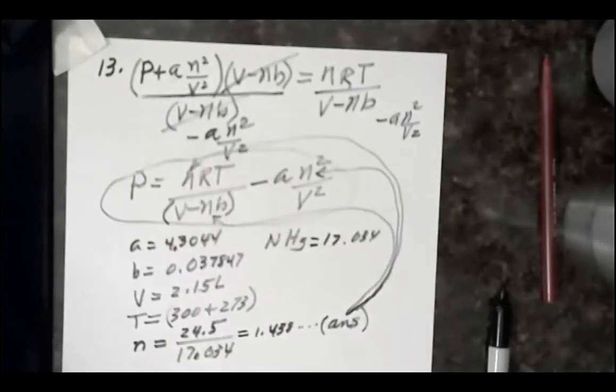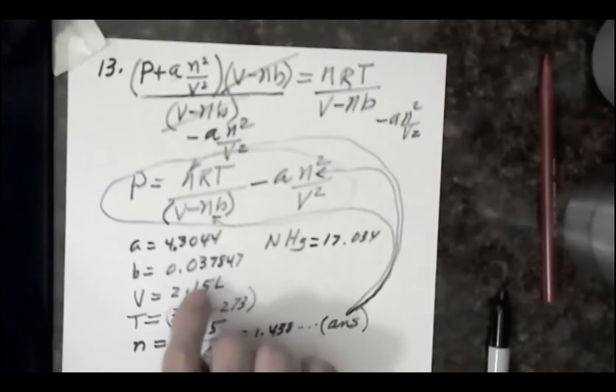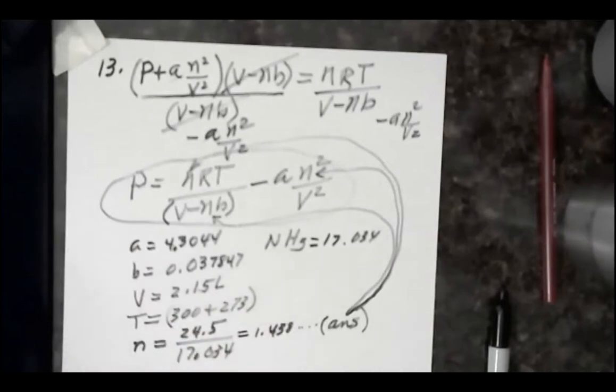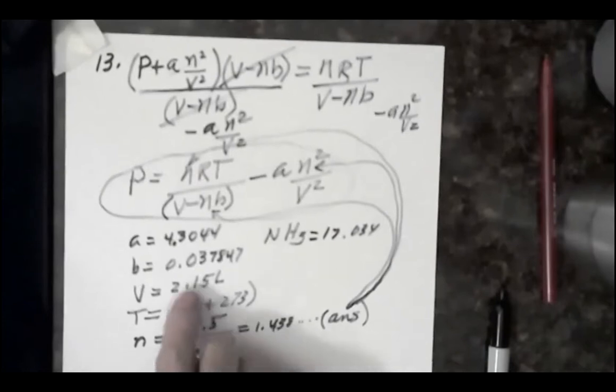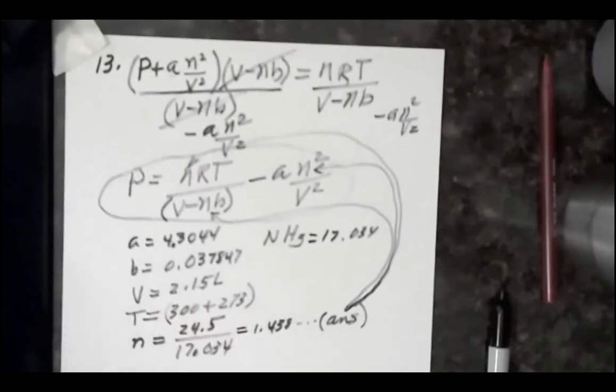I want to do divide. I want a left parenthesis. I want volume, which is 2.15. Minus, the answer is still on my screen, second answer, times B, 0.037847. Close my parenthesis.